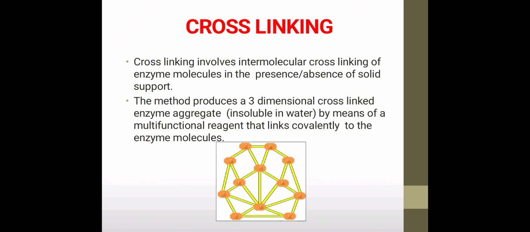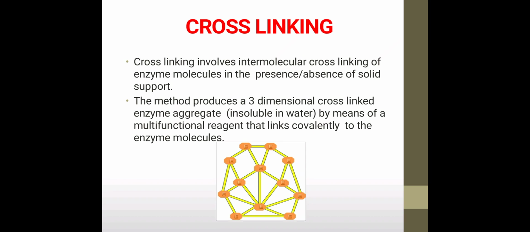And now we will see the next method, cross-linking. This cross-linking involves intermolecular cross-linking of enzyme molecules in the presence or absence of solid support. So we are using a solid support. In this, the enzyme will be linked to the solid support. This method produces a three-dimensional cross-linked enzyme aggregate.